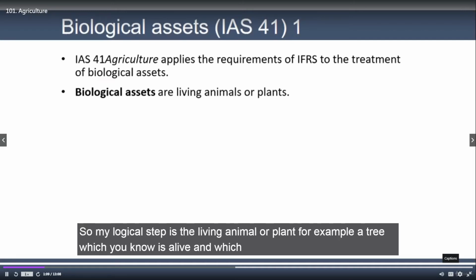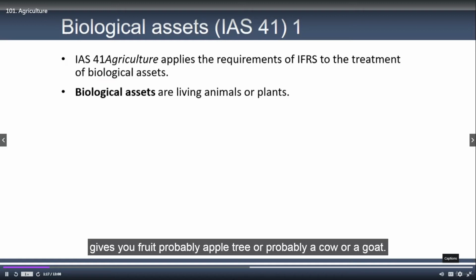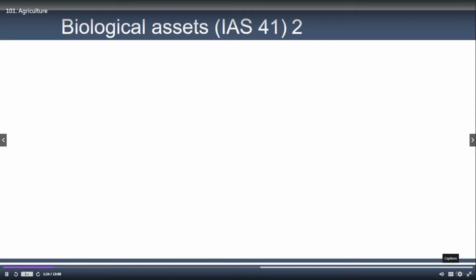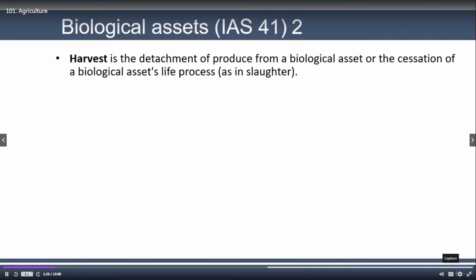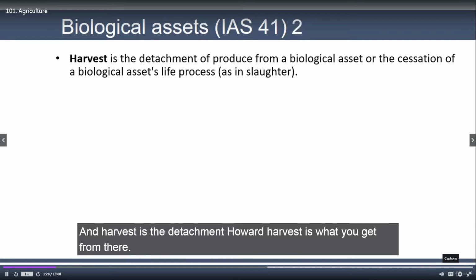So a biological asset is the living animal or plant. For example, a tree which is alive and which gives you fruit, probably an apple tree, or probably a cow or a goat. And harvest is the detachment. Harvest is what you get from there.